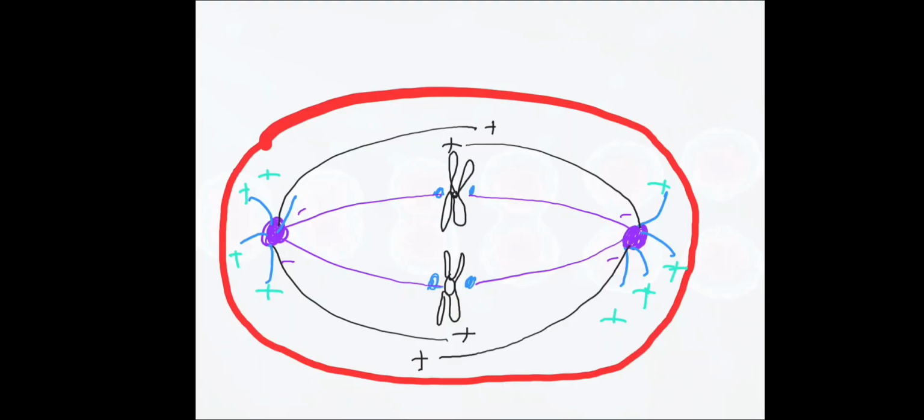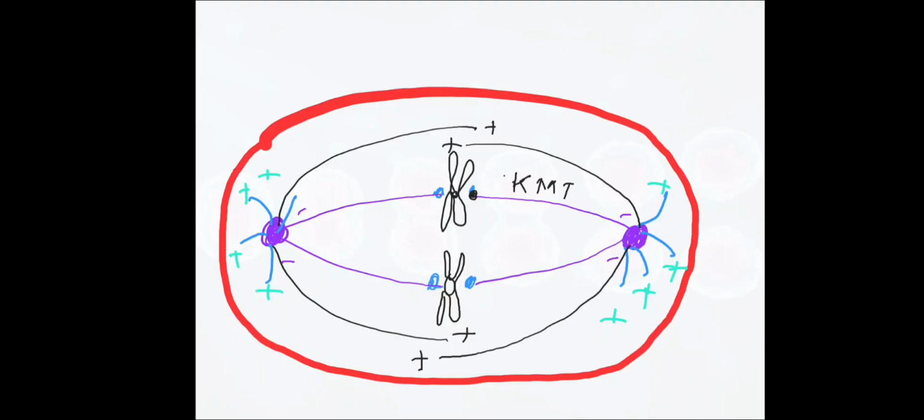First we shall label the kinetochore microtubule. A microtubule which is attached to a specialized protein complex called the kinetochore is known as a kinetochore microtubule. See, this line is attached to this microtubule, so this microtubule is KMT, kinetochore microtubule.